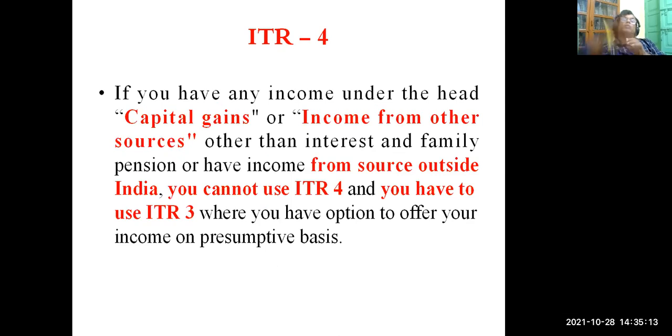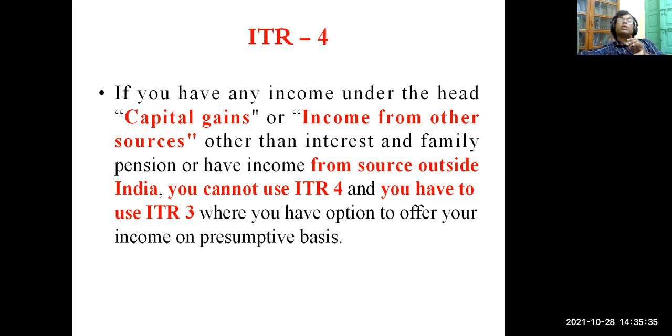And one more point about ITR 4: if the person has income under capital gains or income from other sources other than interest and family pension, or has income from sources outside India, then that person cannot use ITR 4. They have to go for ITR 3.